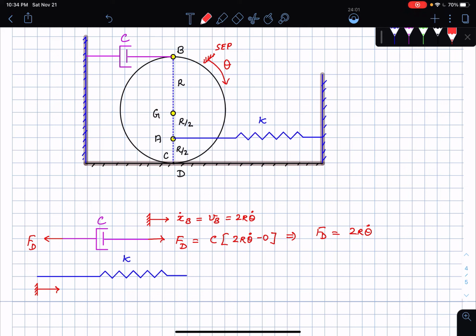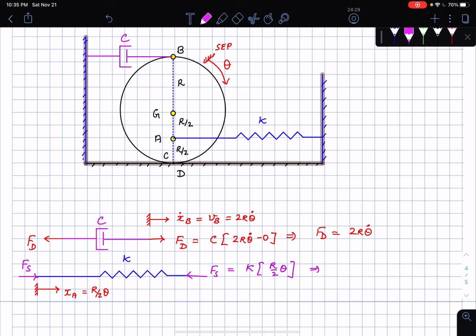Okay, so this is going to be compressed by an amount xa, which we had written as r by 2 times theta. So I'm going to draw this as a force Fs pushing this way. I'm sorry, this has to be in the other direction, the opposite direction. So this is Fs, and Fs is going to be k times r by 2 theta.